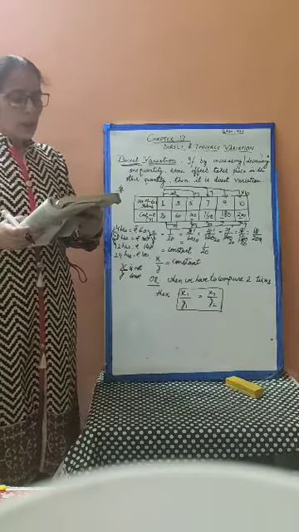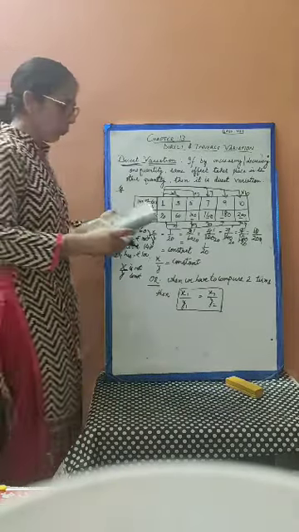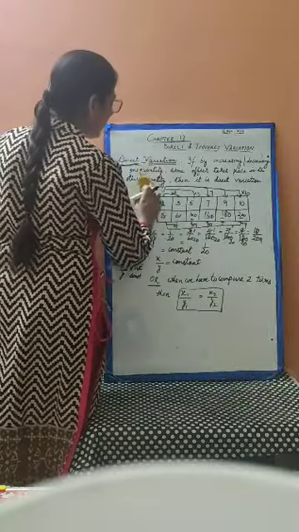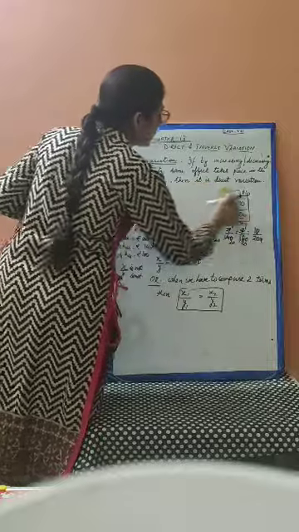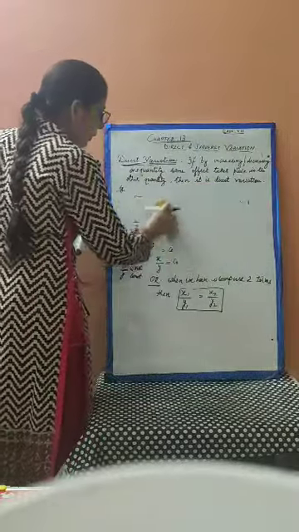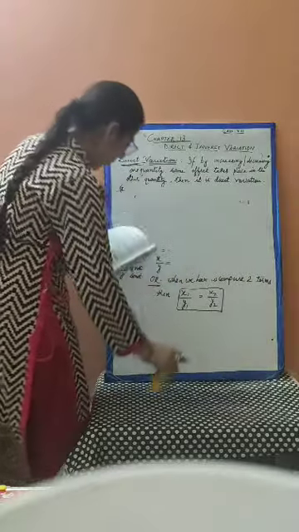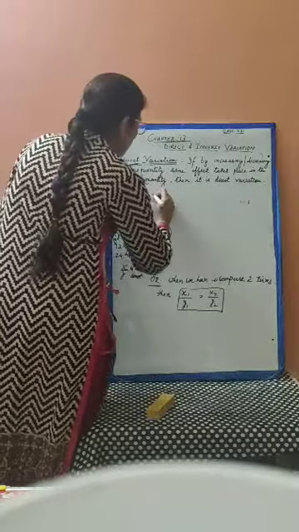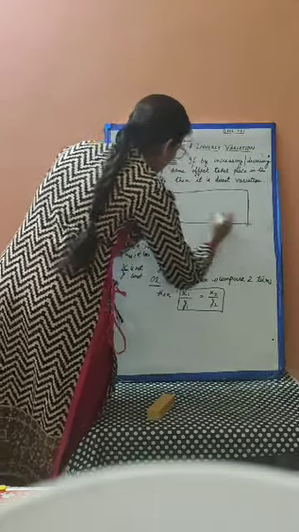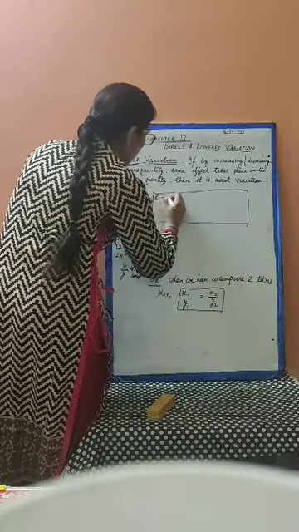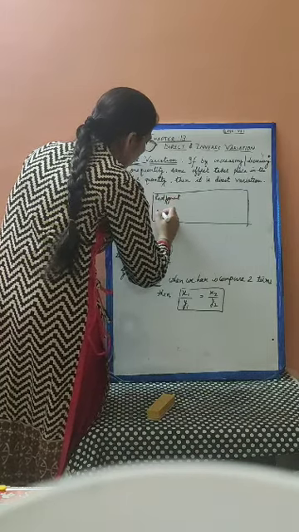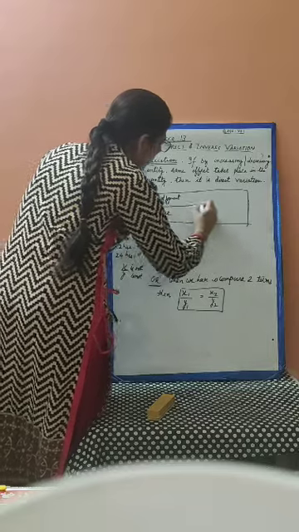Now, see the other question. A mixture of paint is prepared by mixing one part of the red pigment with 8 parts of the base. Now we have to complete the table. With 1 part red pigment, how much base is to be added?